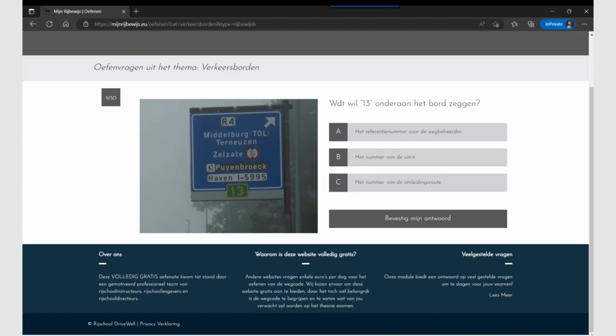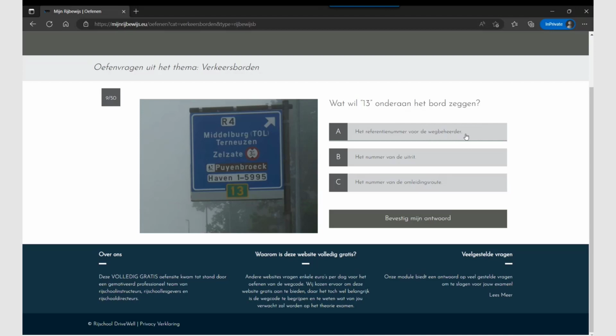It says, what does it mean? What does 13 on this board mean? All three say number, and the first option says number for what?